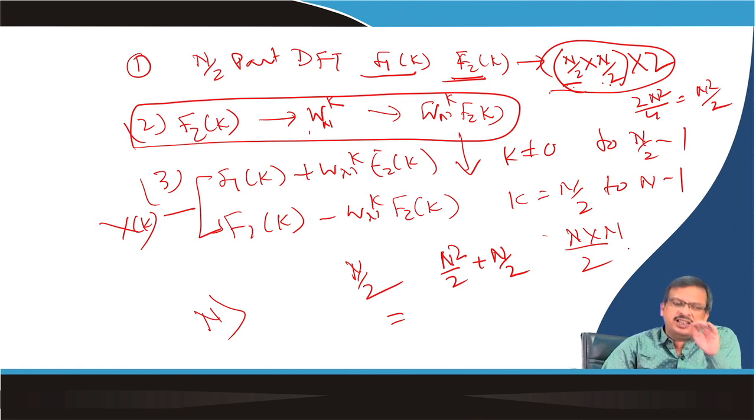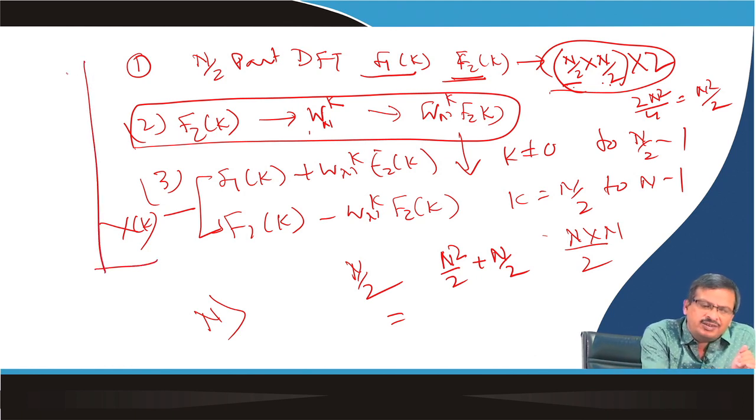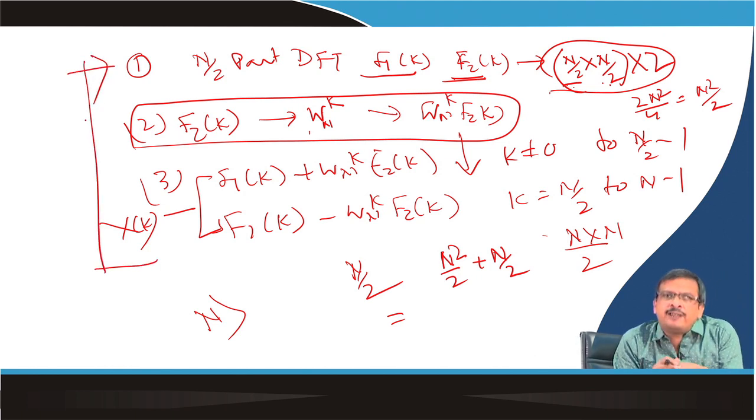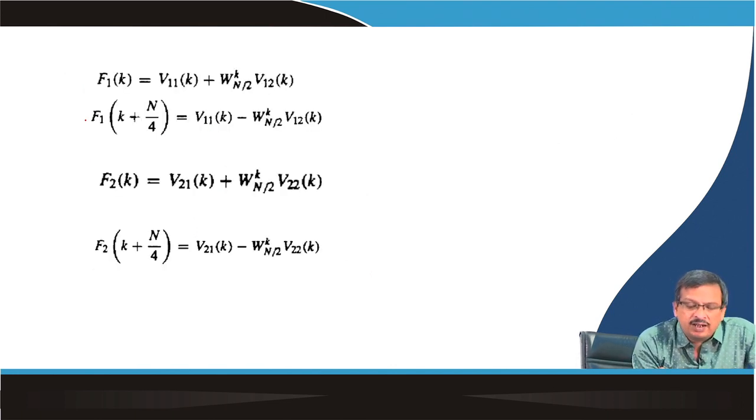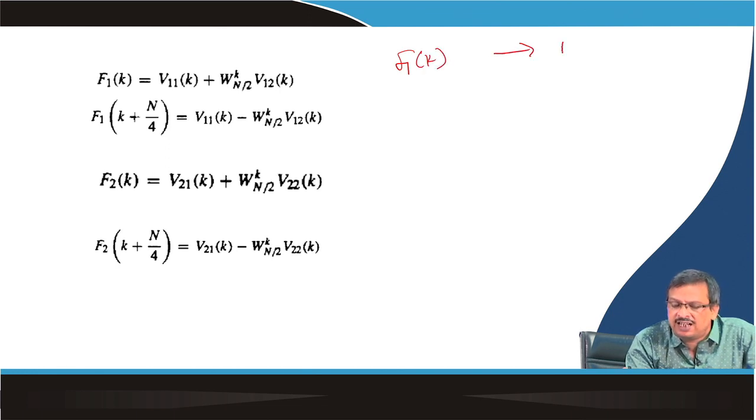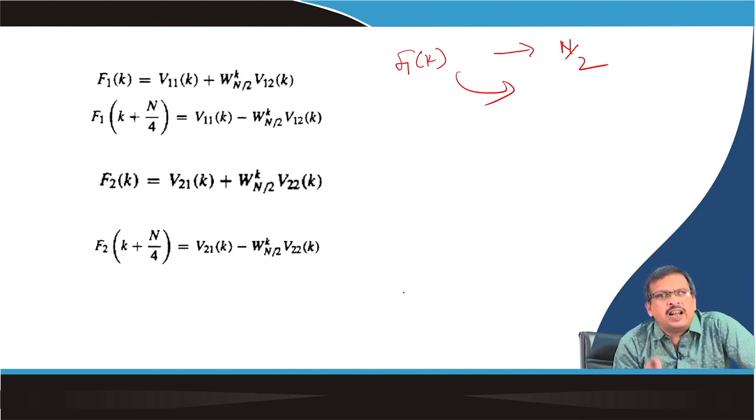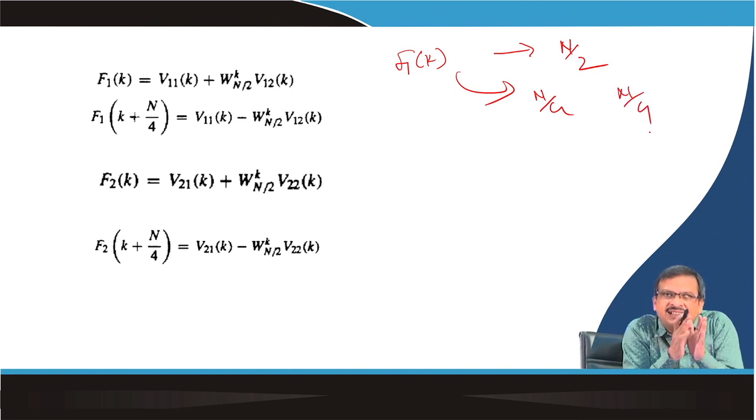So, if you see, this is a single stage. Now, this stage can be repeated for another one. What is the meaning? Now F1k, whose DFT length is n by 2, again can have the same principle applied and be divided into two parts, n by 4 and n by 4. F1k is a sequence, that sequence can be treated as a signal and taken as n by 4 into n by 4.